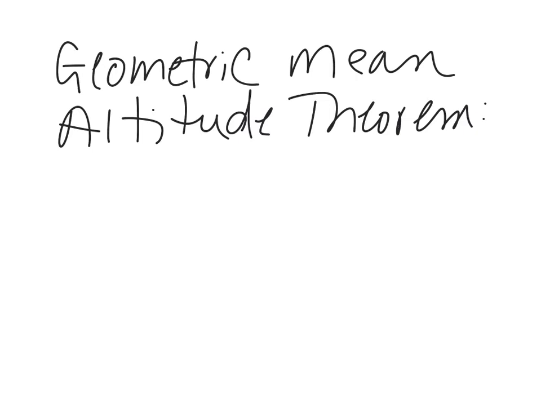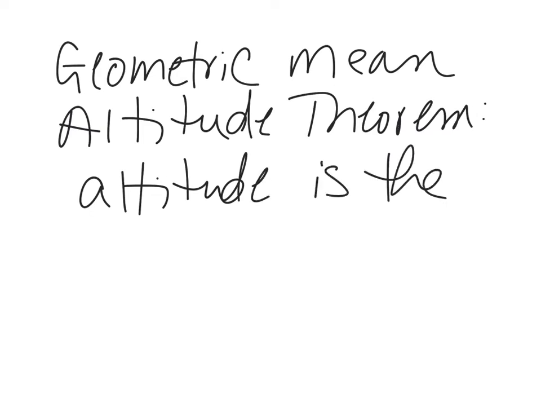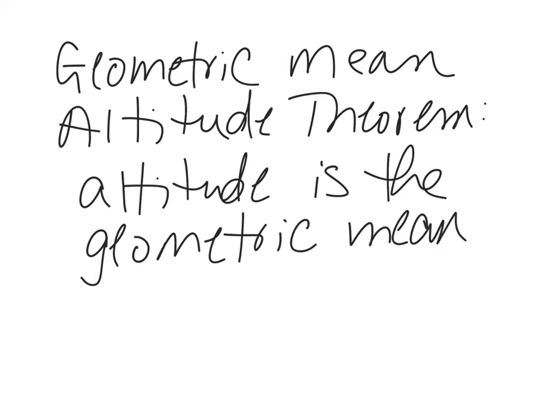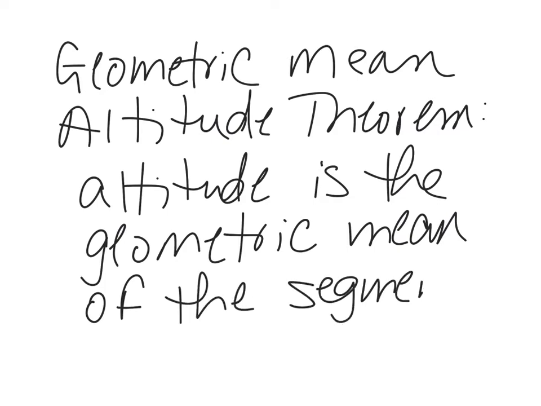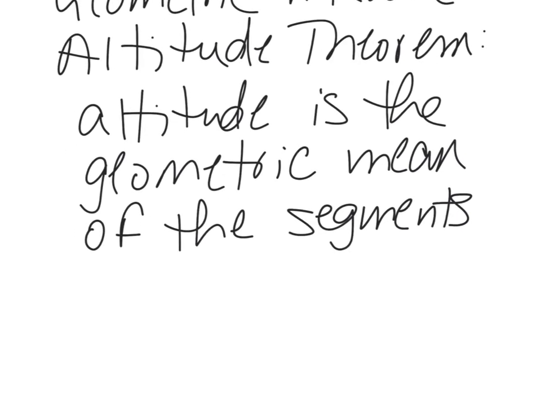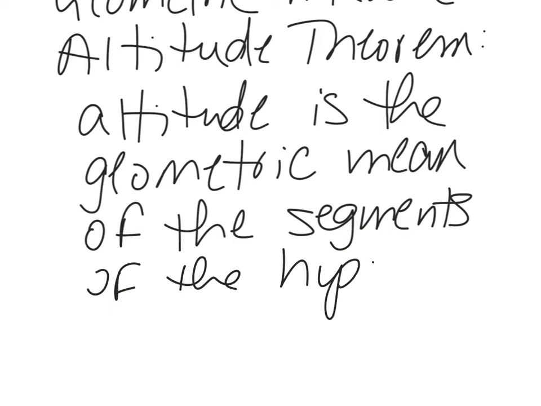What we just did, we proved by induction because you do a whole bunch of examples, and it turns out that to find the altitude, the altitude is the geometric mean, so it's going to be diagonal from each other in your proportion of the segments of the hypotenuse of the same triangle the altitude is drawn to.